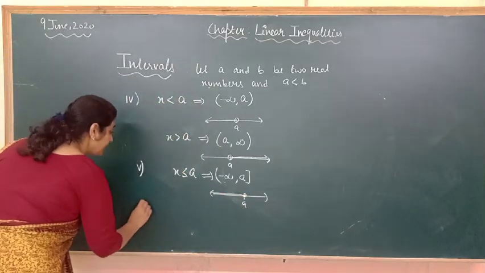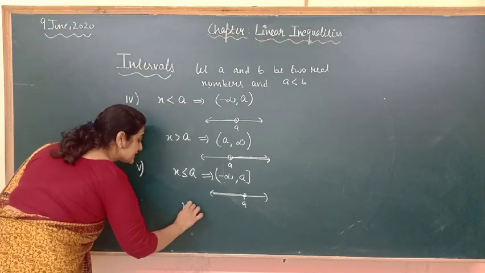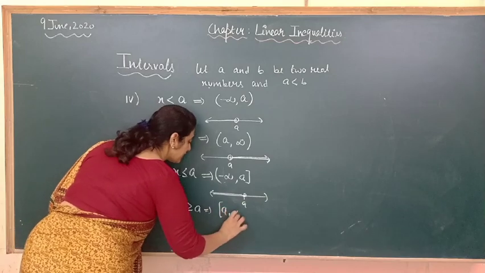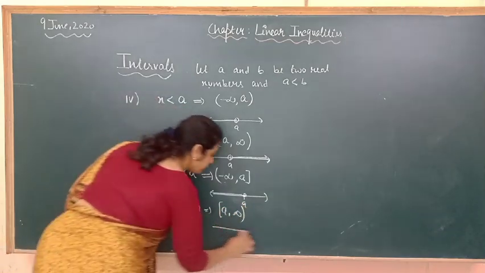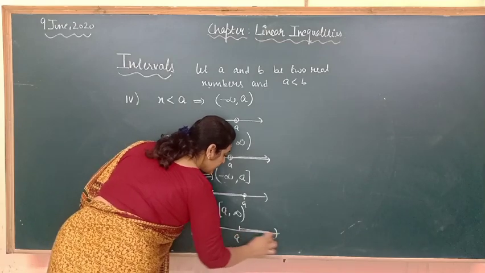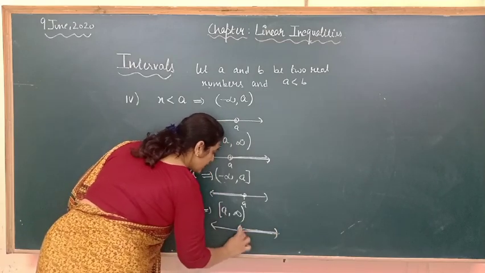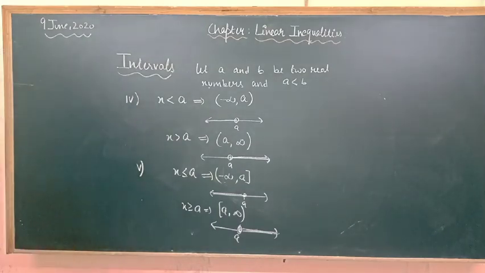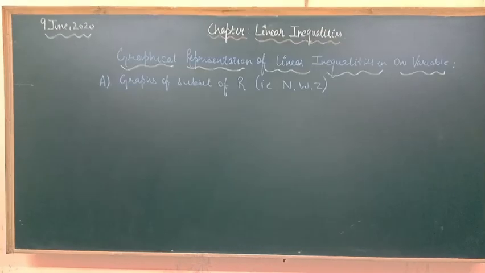Alright, fine. And if it is x is greater than or equal to A, it means from A I am traveling towards infinity, and A is also included. So closed interval A to infinity. Clear? I hope the intervals are clear to everyone.